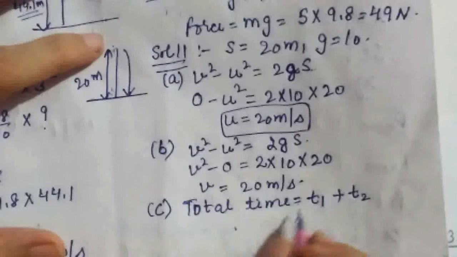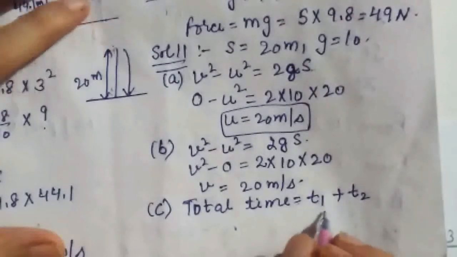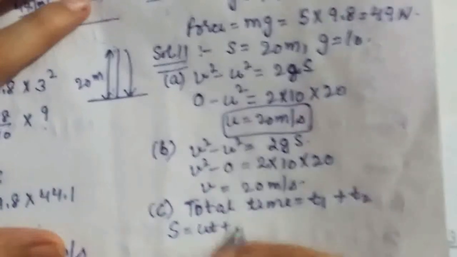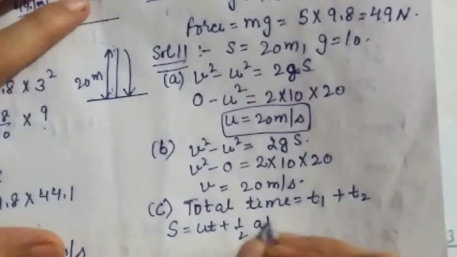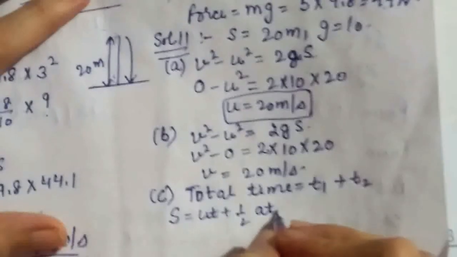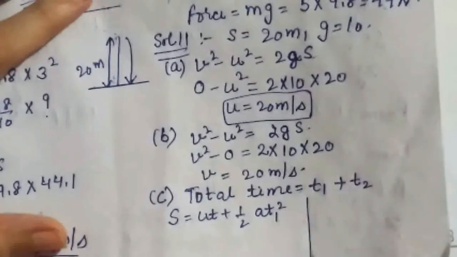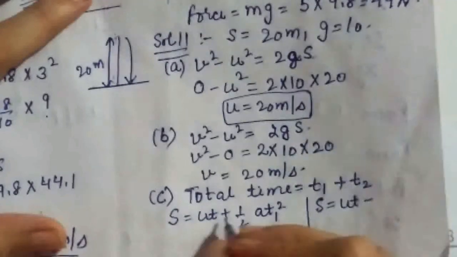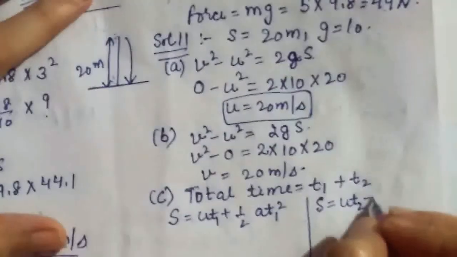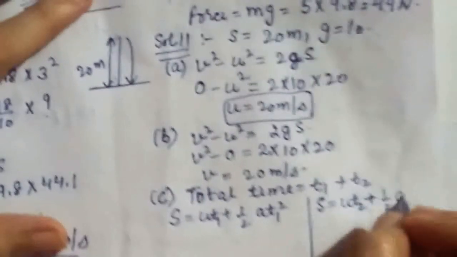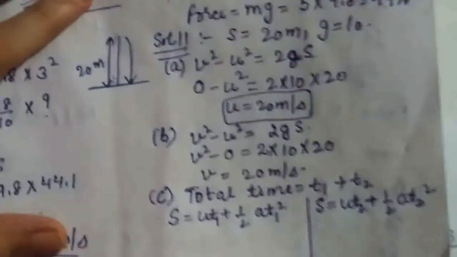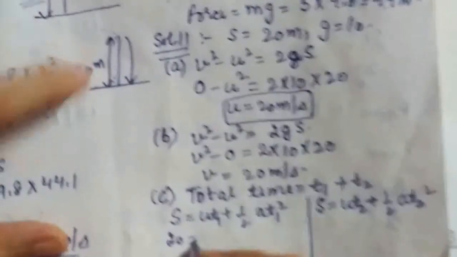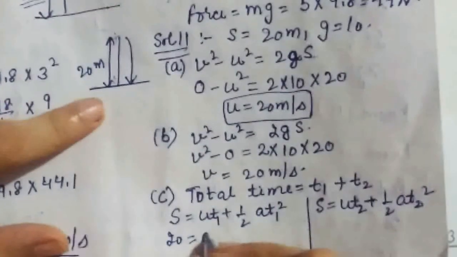Clear? So first of all we have to calculate T1 by applying the formula s is equal to ut plus half at square. Here t is T1 square. Clear? Similarly we have to calculate T2 plus half a T2 square. Now we know all the values. Distance is 20. Here initial velocity is 0.